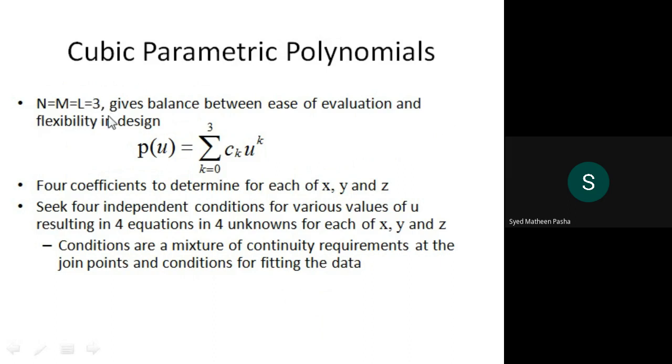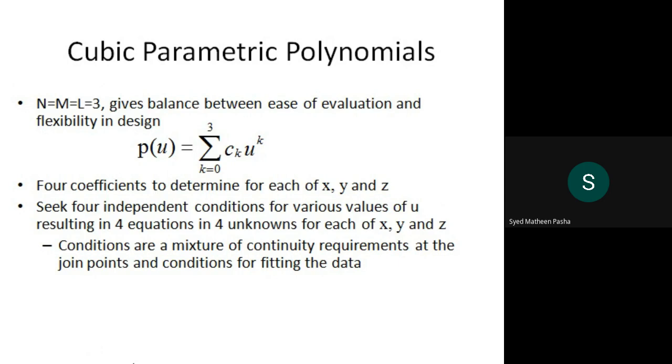So this is the initial or the final destination point where all the termination conditions should be met. That should be equated to 3, which basically gives a balance between evaluation as well as flexibility in the design.